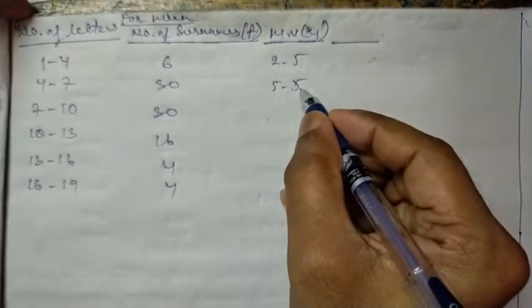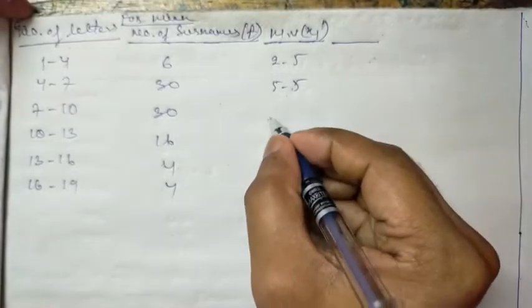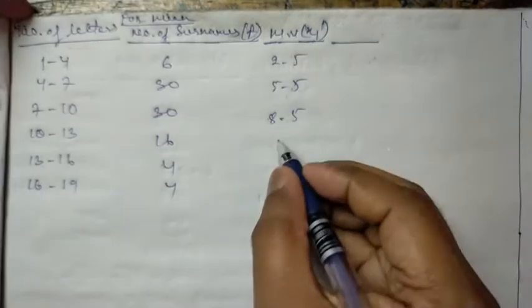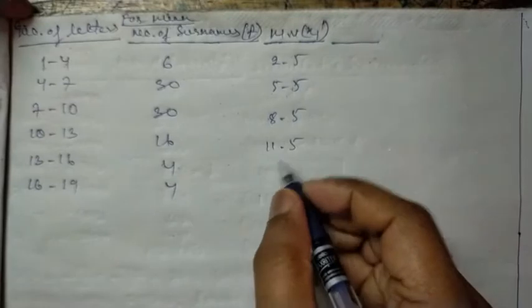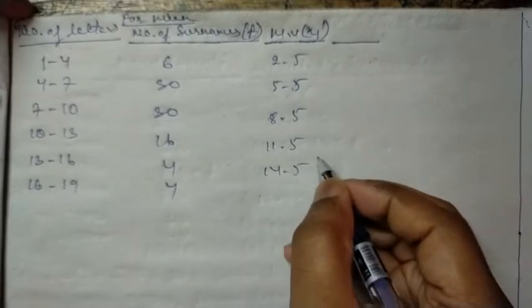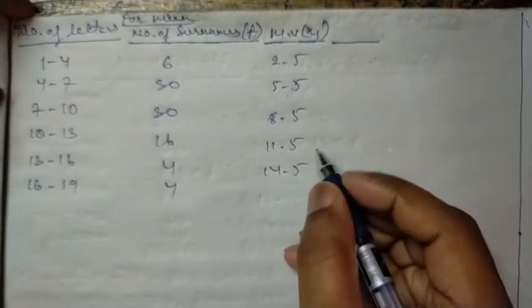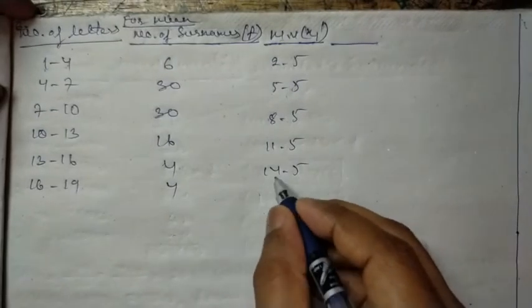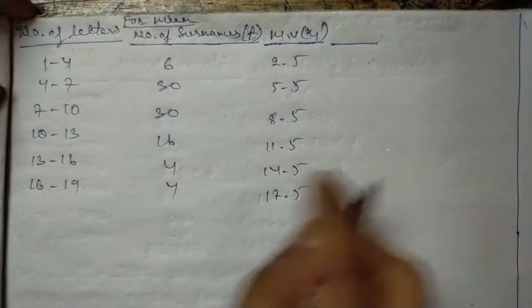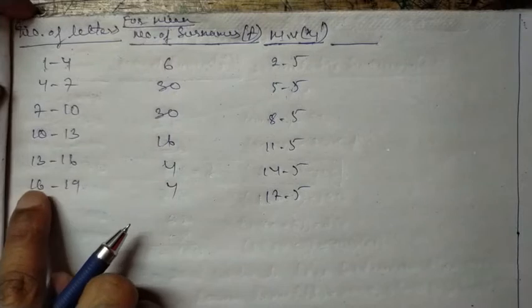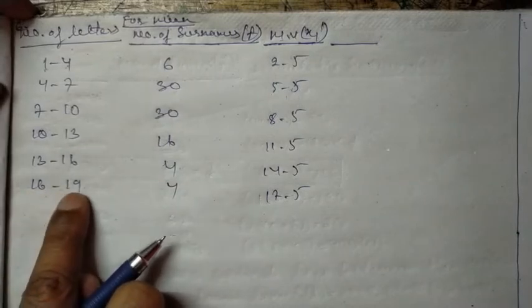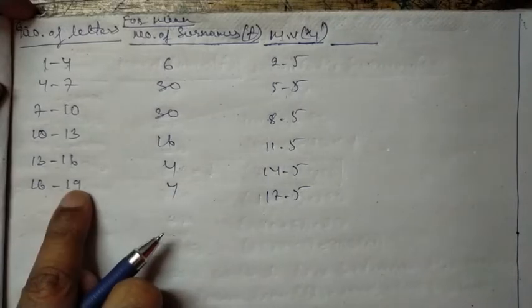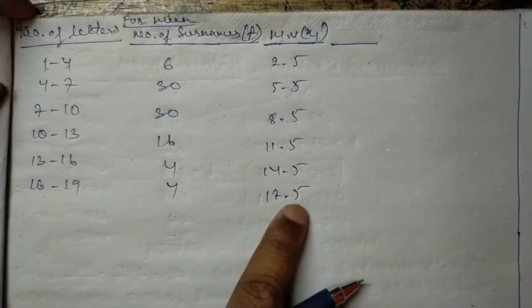If I add here 3, I will get here 8.5. If I add here 3, I will get here 11.5. If I add again, 14.5, if I add here again 3, I will get 17.5. You see, if you add 16 and 19, that is lower limit and upper limit, and divide by 2, you will get 17.5.